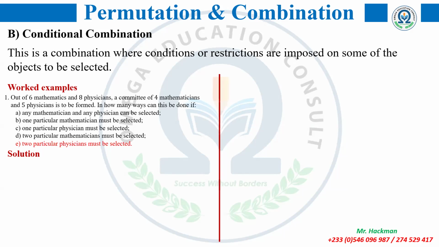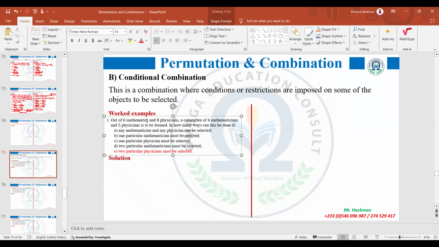The first worked example: out of 6 mathematicians, not mathematics.